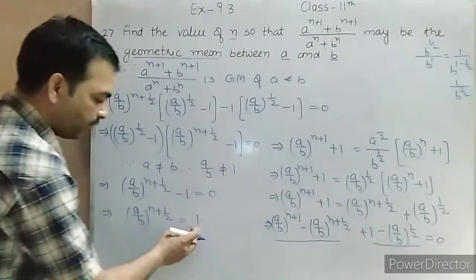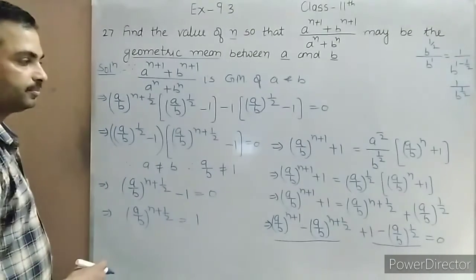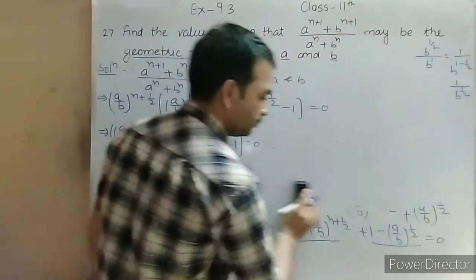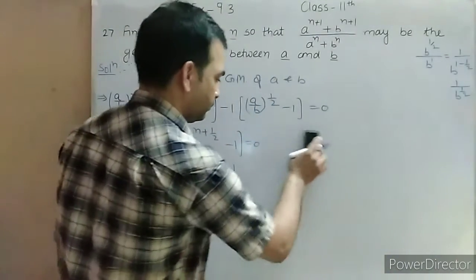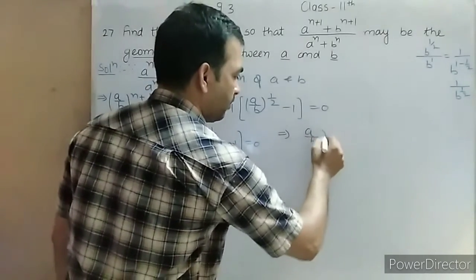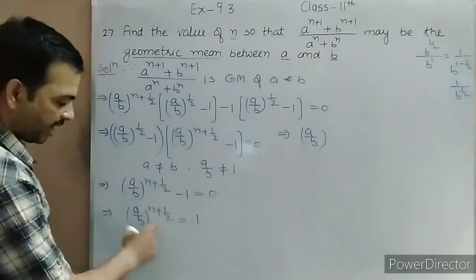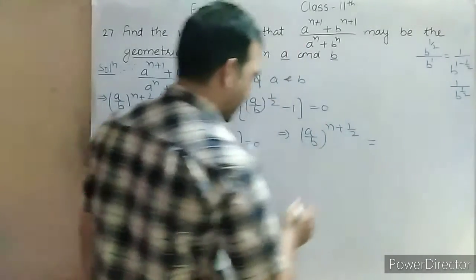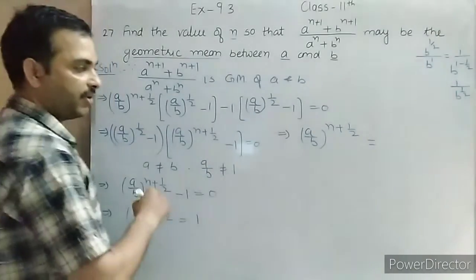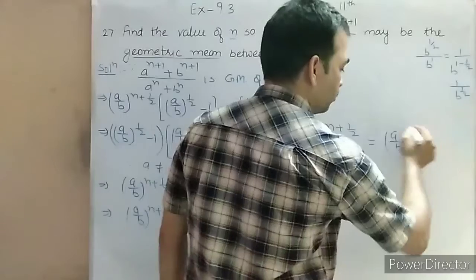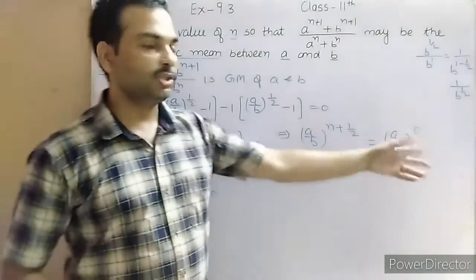How can I write 1 in terms of a/b? You can see here, (a/b)^(n+1/2), and in the place of 1 I can write (a/b)^0.